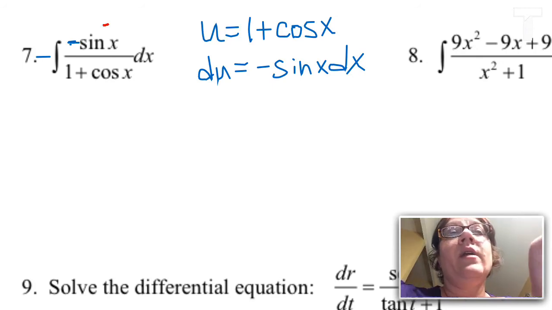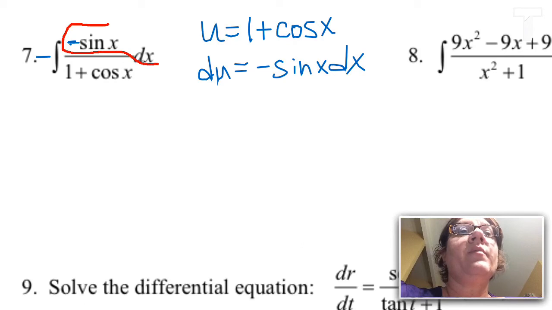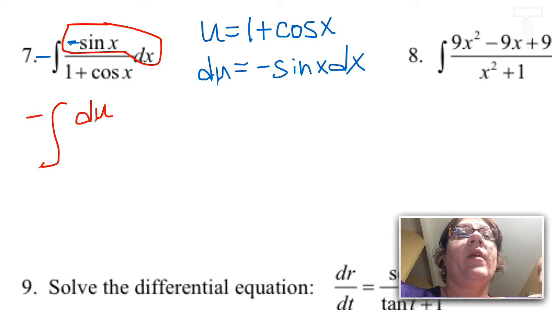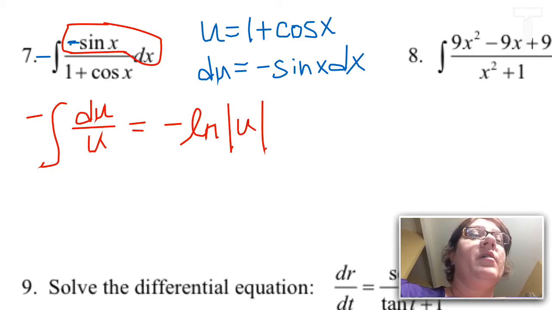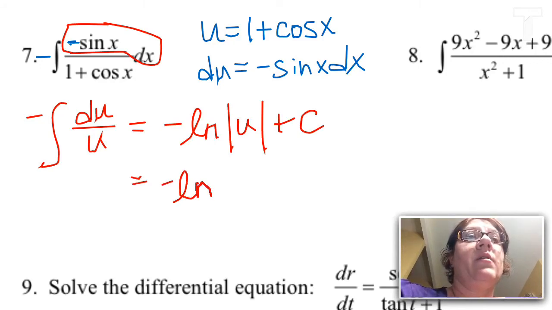And then I note, yay, all of this is replaceable with a du. And now the bottom is just u, so when I take the antiderivative, 1 over u is going to turn into natural log of absolute value of u, and of course I can plug back in the 1 plus cosine x.